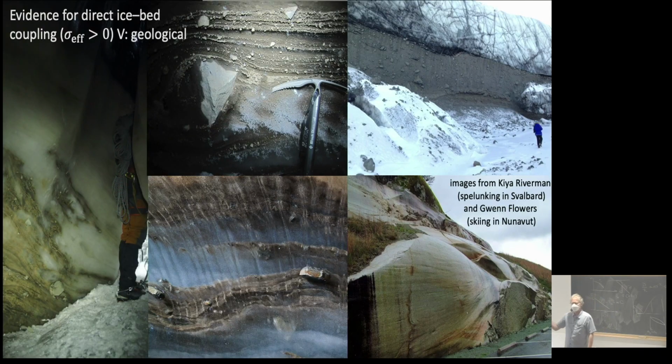I think the best data, though, that suggests that the effective stress underneath glaciers is non-zero comes from geology. These are different images from underneath glaciers. This is in a tunnel in Svalbard, another tunnel in Svalbard, and this is a glacier in northern Canada, showing again a nice big thick bunch of sediment.